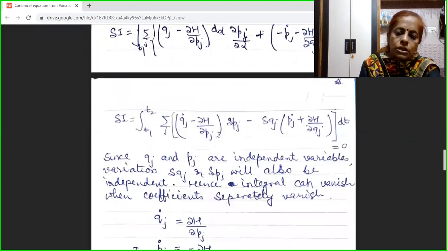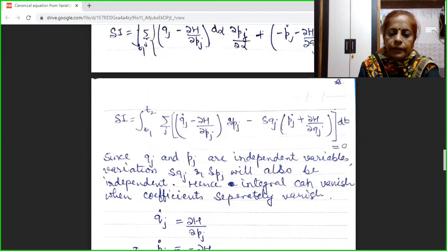One is the variation term which contains del pj. The second term contains del qj. And we know that in the Hamiltonian, pj and qj are independent, so the variations del pj and del qj will also be independent.